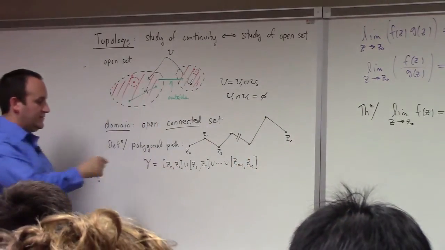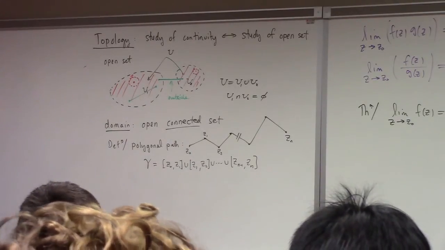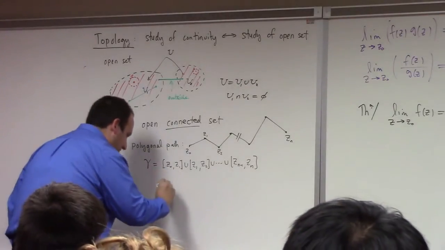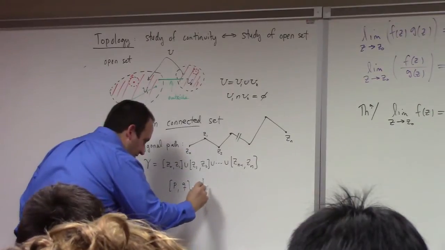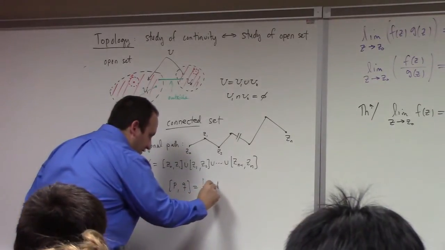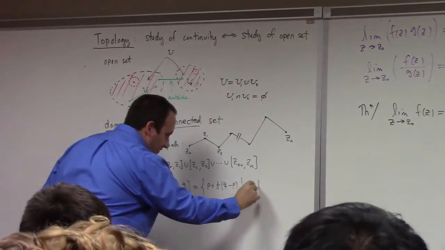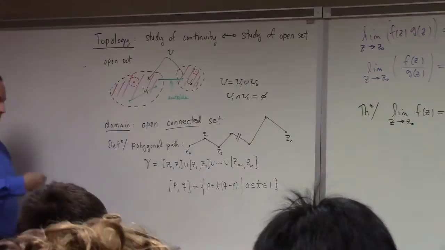Remember that the notation Z naught to Z1 in here, it's the line segment from Z naught to Z1, right? Remember that? So like P to Q, it's the point set P plus T times Q minus P, such that 0 is less than or equal to T is less than or equal to 1. There's a parameterization of that point set.